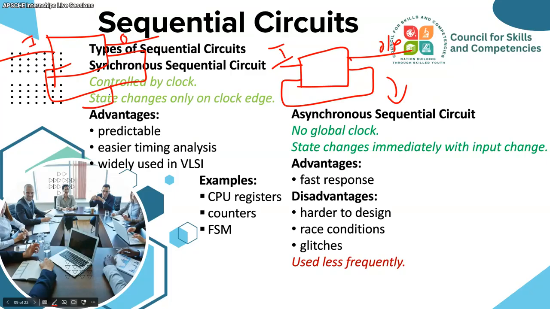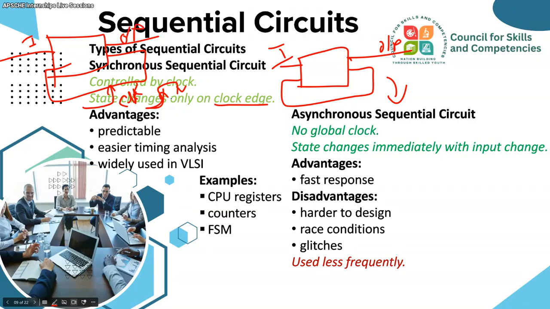The output will take effect only when there is a clock, and that too on the clock edge. This is the rising edge, this is the falling edge. You can configure whether you want falling edge or rising edge. Whenever the clock triggers, that time the output will take effect, that's it.